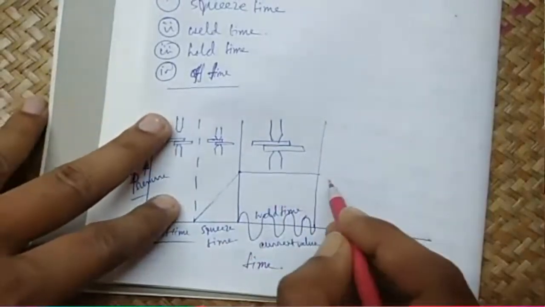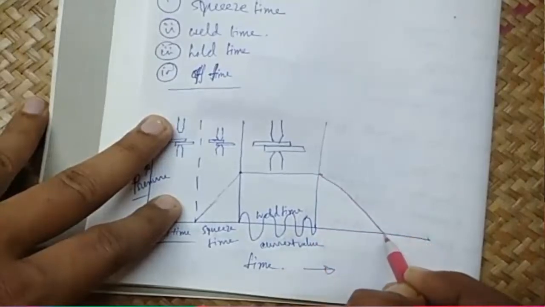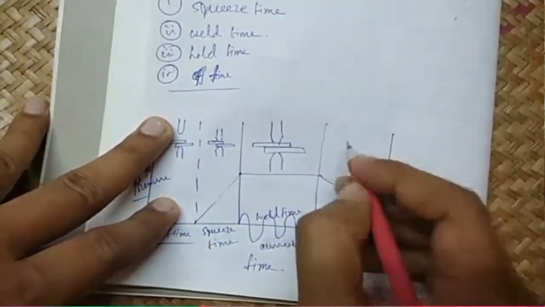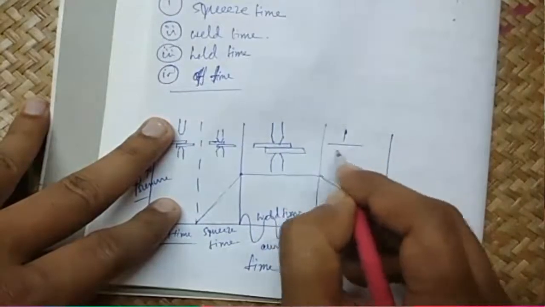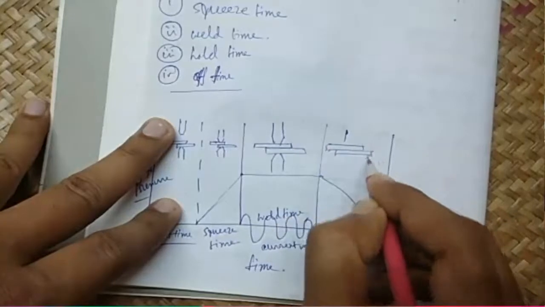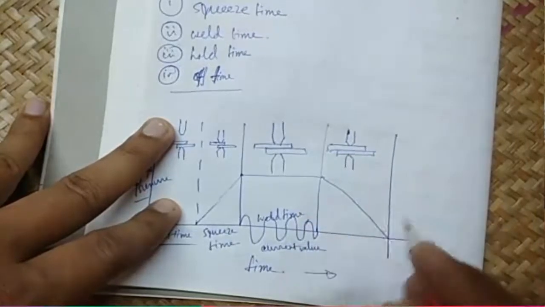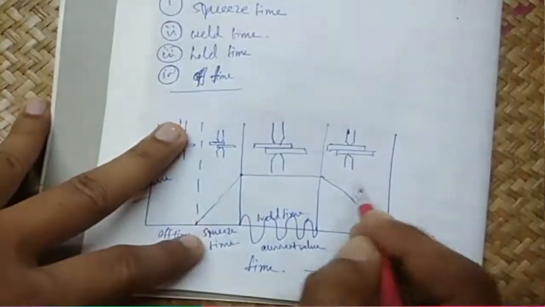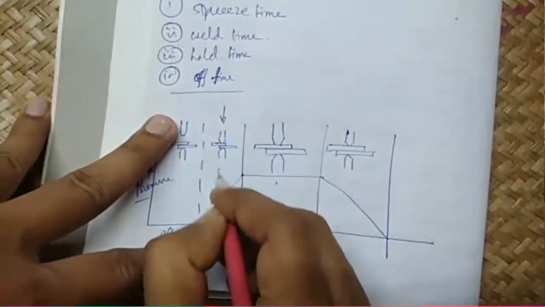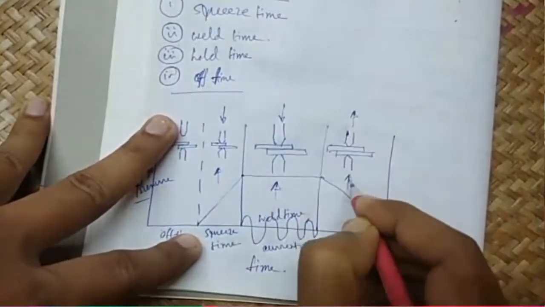Now then, after that, the pressure slowly decreases, and after the current is passed, we are decreasing the current. There is a pressure sign to be shown with the arrow, here also the sign to be shown.